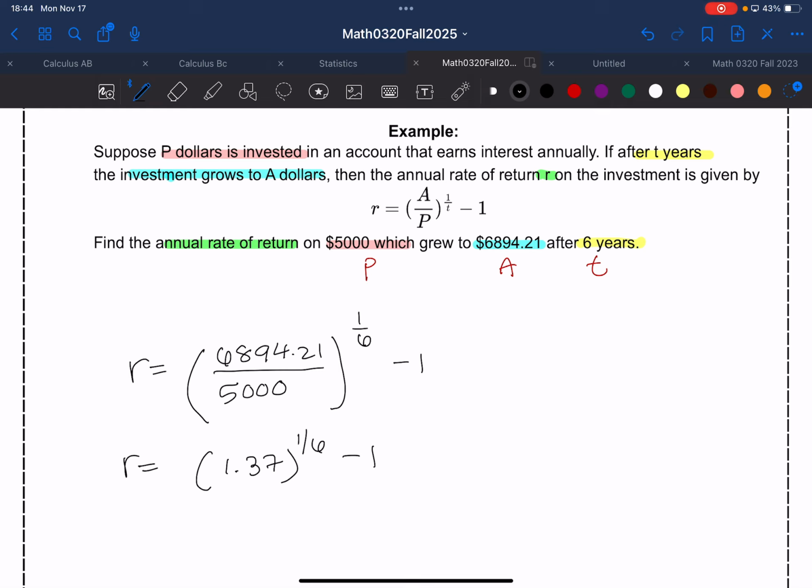When you raise it to the 1/6 power? I have to check. 0.22833.